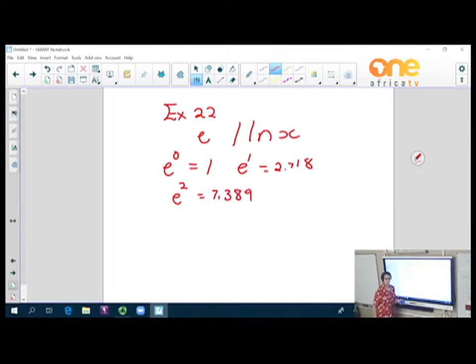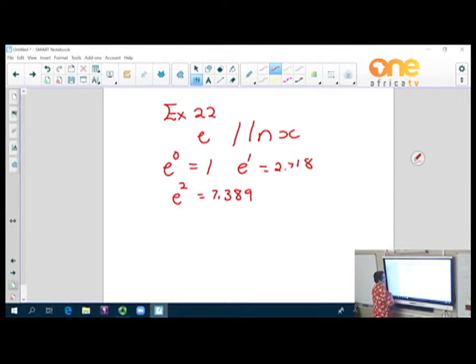And so we can continue. So e is on the calculator as well as ln. And e and ln are opposite operations, like times and divide, or plus and minus. This is opposite operations, so the one will cancel out the other one.